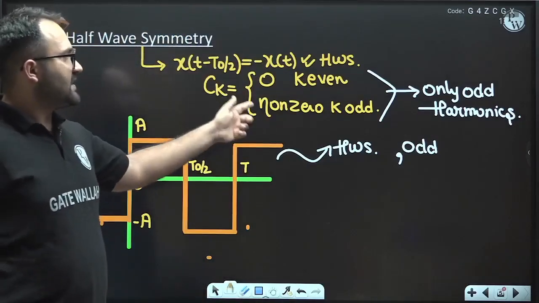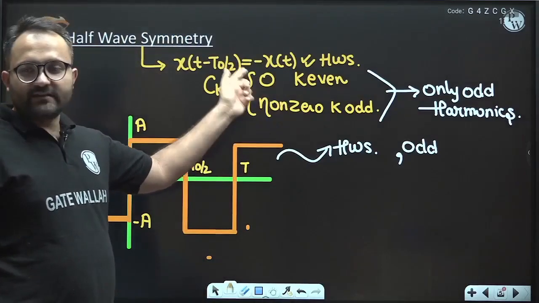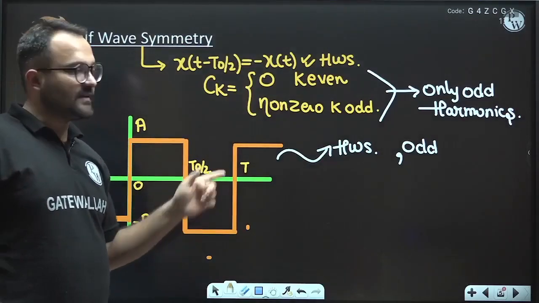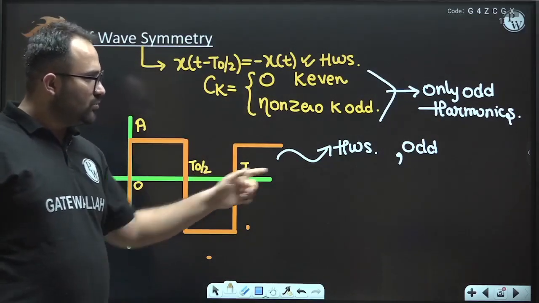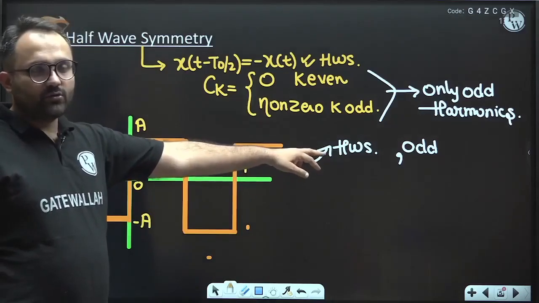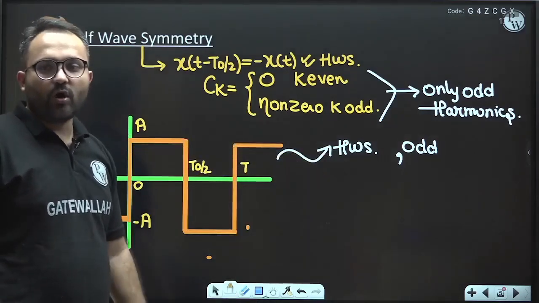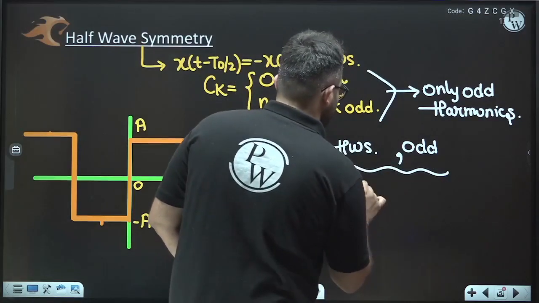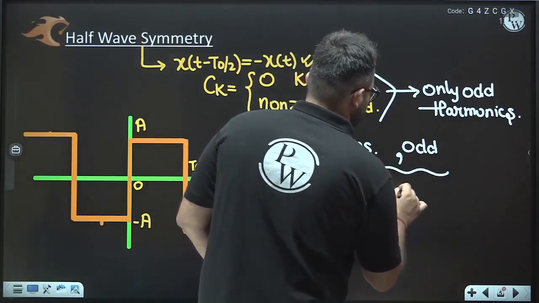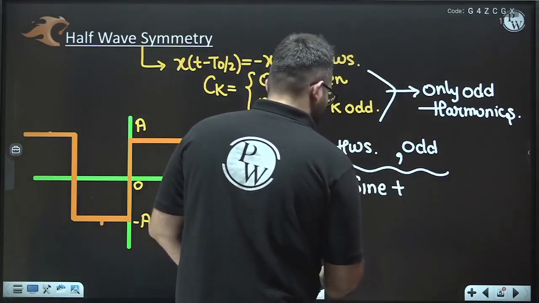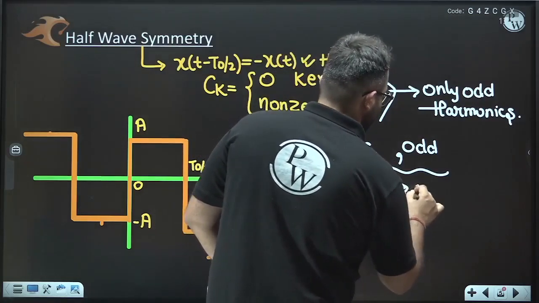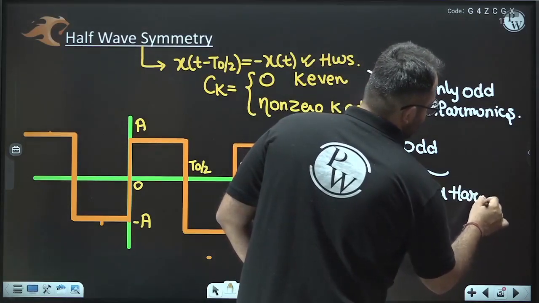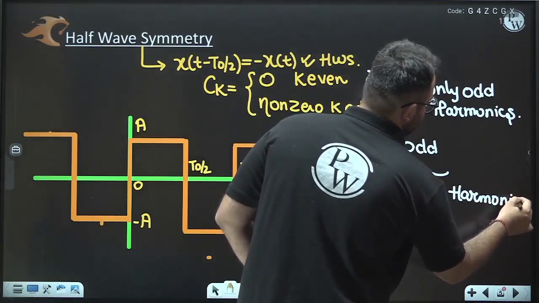That is, ck is non-zero only for k odd, it is 0 for k even. So this signal has only odd harmonics, and that too only of sine, because it is an odd signal. These types of questions are asked in the GATE exam.